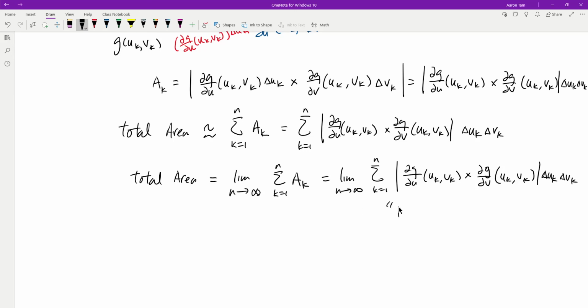This is once again a Riemann sum, and as we all know, a Riemann sum will transform into an integral.